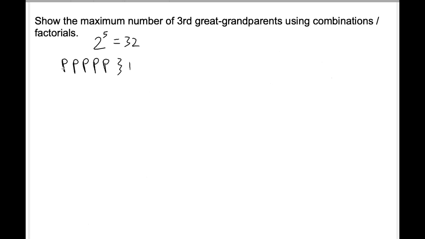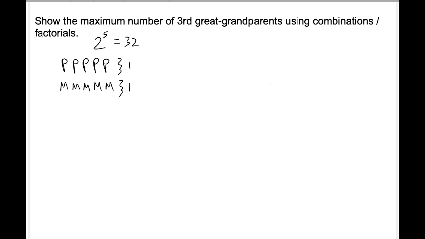It's not going to change the one way of getting through your paternal line to get to your particular third great-grandparent. The second case, similarly, can be all the M's, which is the maternal line. There's also only one way of getting to your third great-grandparent using just the maternal line.